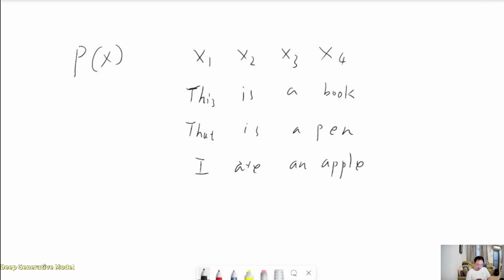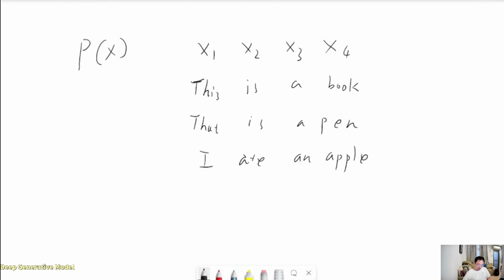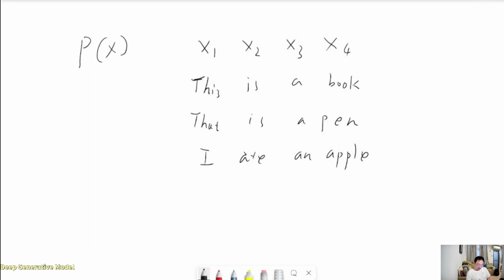So the space we are considering is English sentences with 4 words. The first one is x1, the second one is x2, the third one is x3, and the last one is x4. The whole thing is called x.